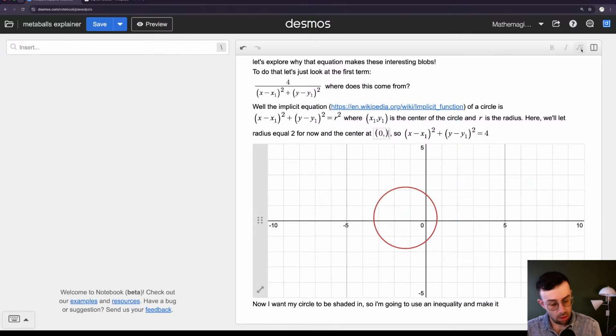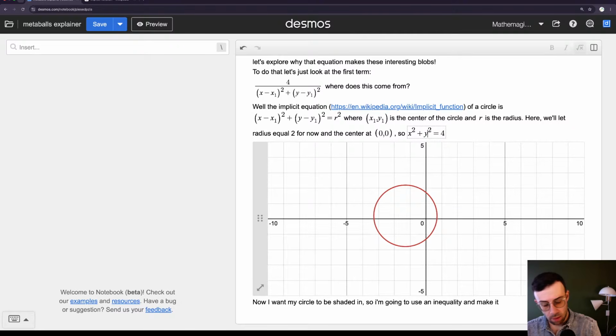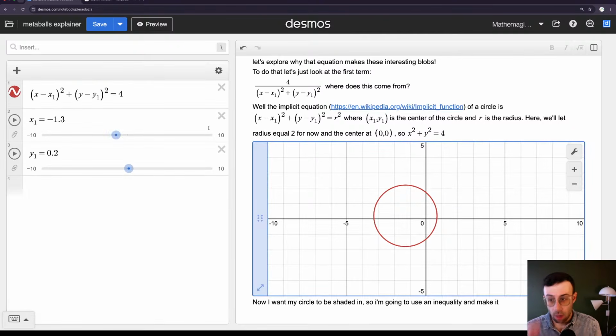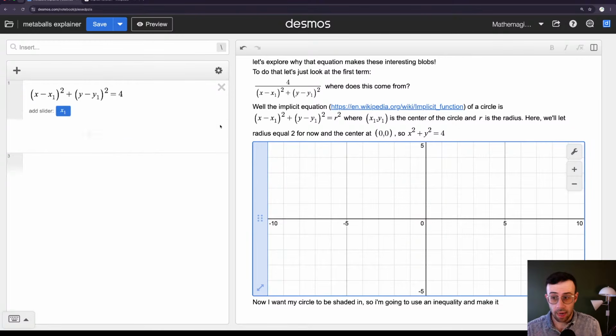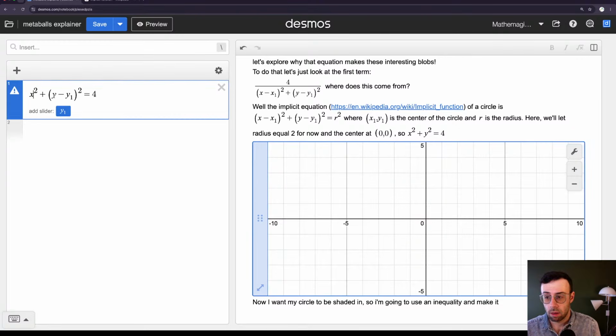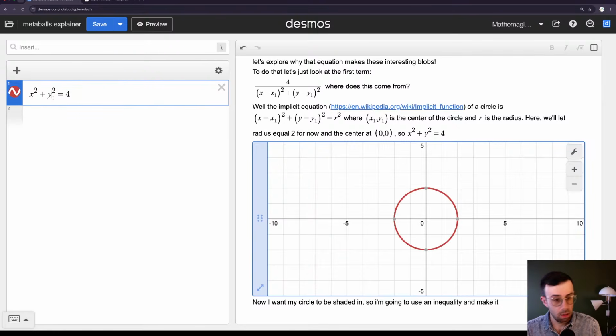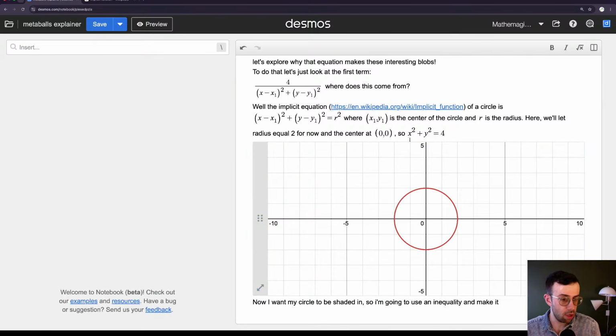Just for now. So then we have x squared plus y squared equals 4. Okay, cool. All right, so we don't need that. Okay, so we have that equation just shown below.